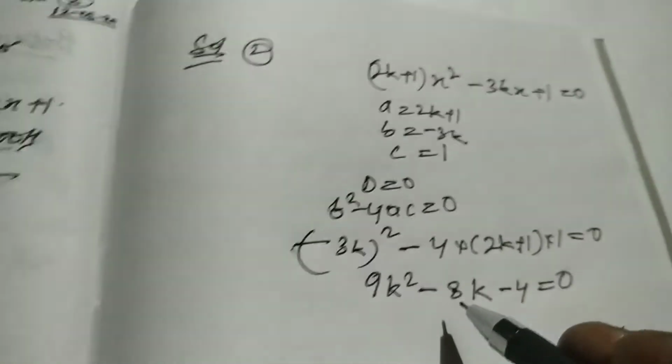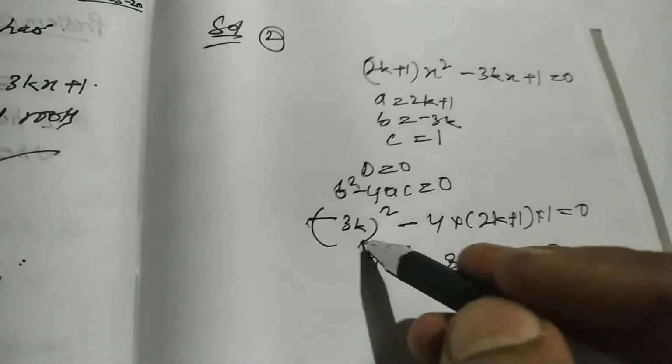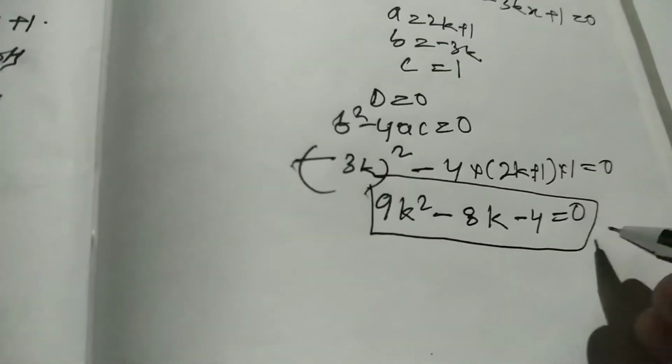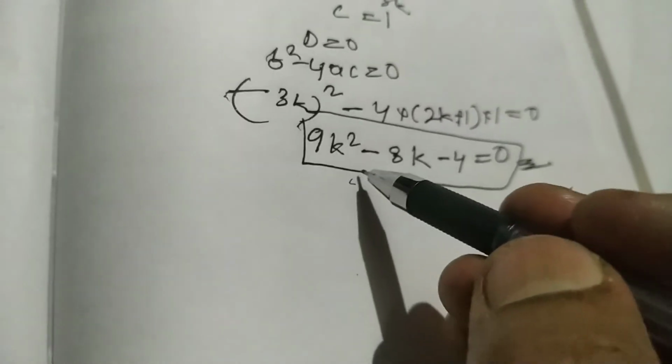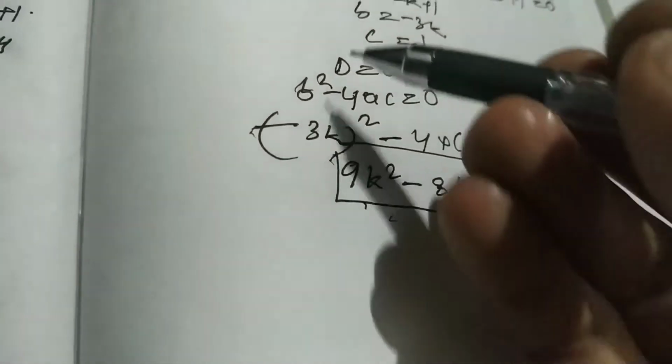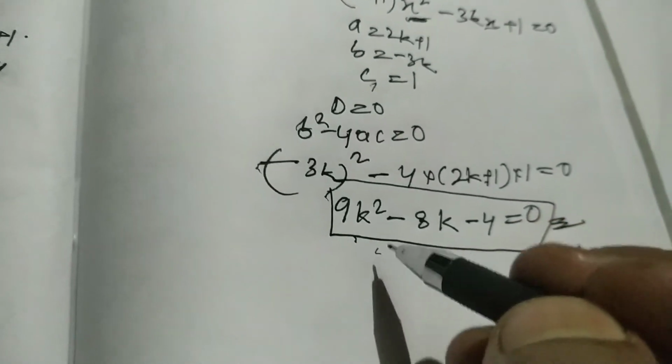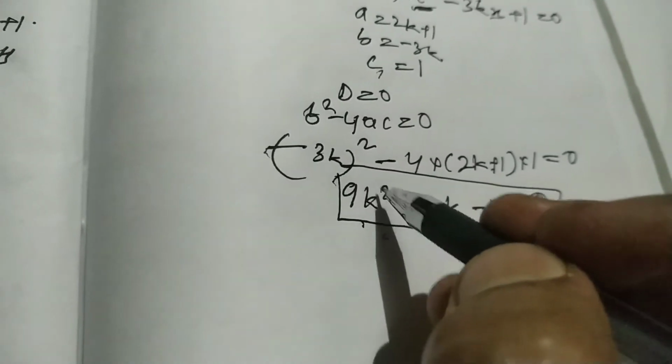Now see this one. This is a further quadratic equation. Here in the original quadratic equation x is the variable. Here, just check it, is another quadratic equation we get after putting the value of D is equal to 0 with a, b, c, and we get another quadratic equation, in which k is the variable.